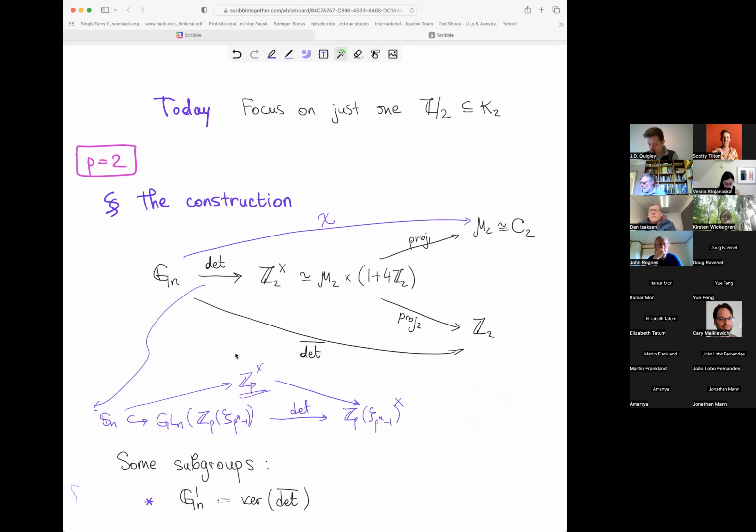And this top homomorphism here is denoted by chi. And one thing to point out here is that this is just a homomorphism to ZMod 2. So therefore, chi also can be thought of as an element of H1 of Gn with coefficients in ZMod 2.